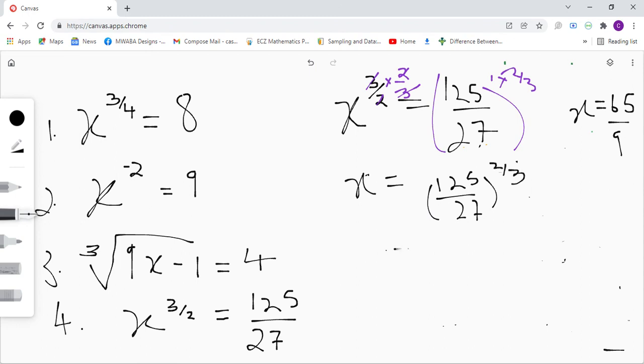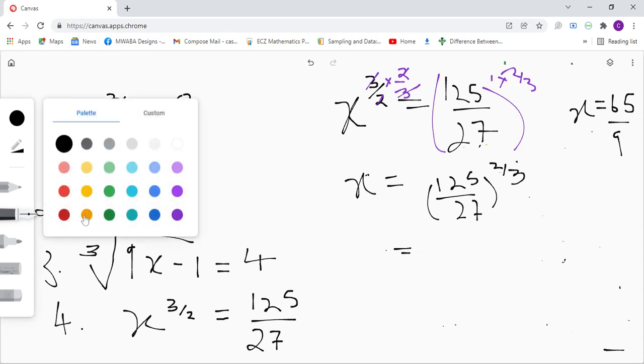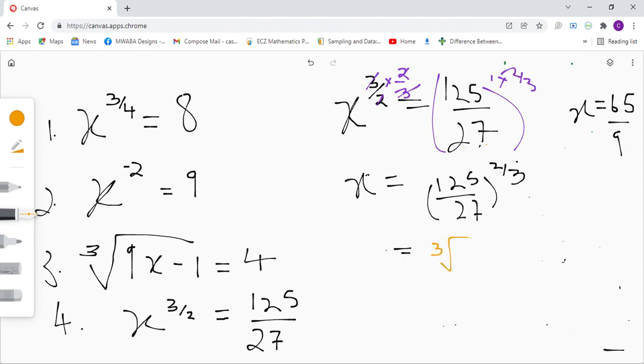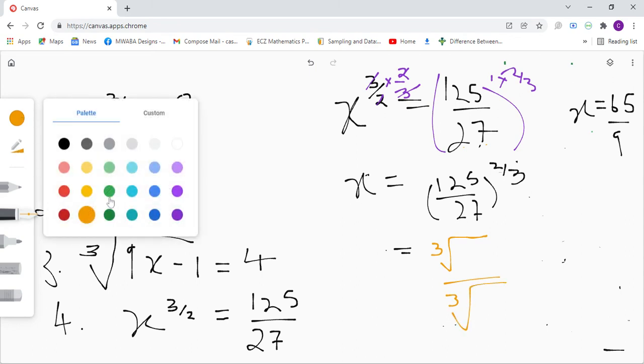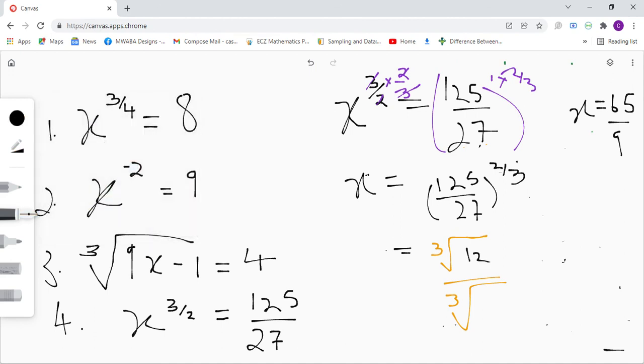So basically, we're going to have the cube root of 125, the cube root of 27, and then we square them. Cube root of 125, cube root of 27, both of them have to be squared.